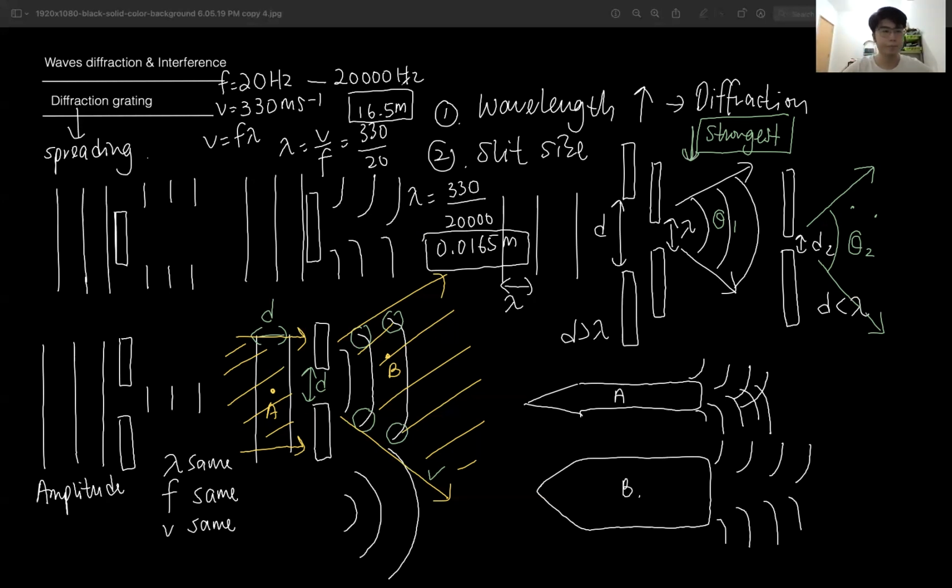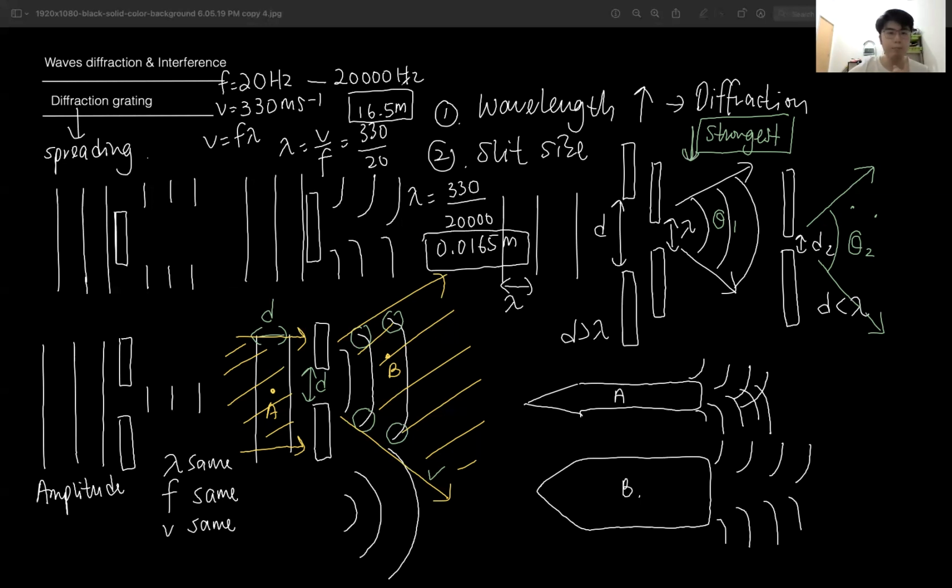your surroundings, like the doorway, the distance between one building to another building, or any hallway, any obstacles, their distances are about in this range. So that makes sound waves in our surroundings diffract easily.